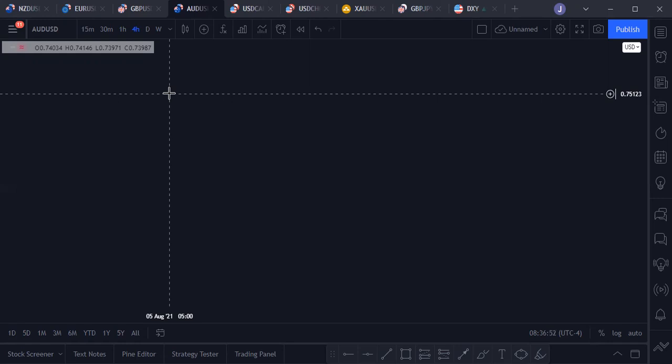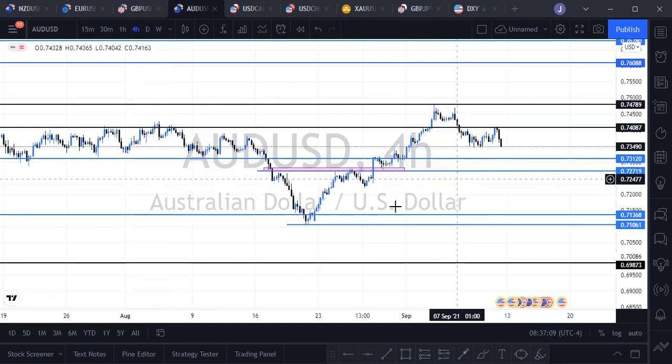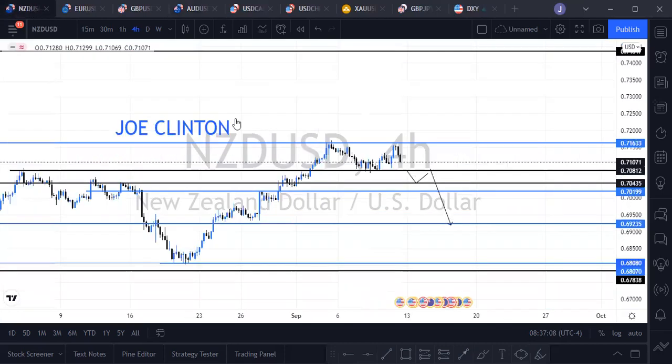So I analyze one to generate a signal on the next one. So here now, you'll see that AUD USD is looking bearish. Likewise, NZD USD here is bearish, as you can see.